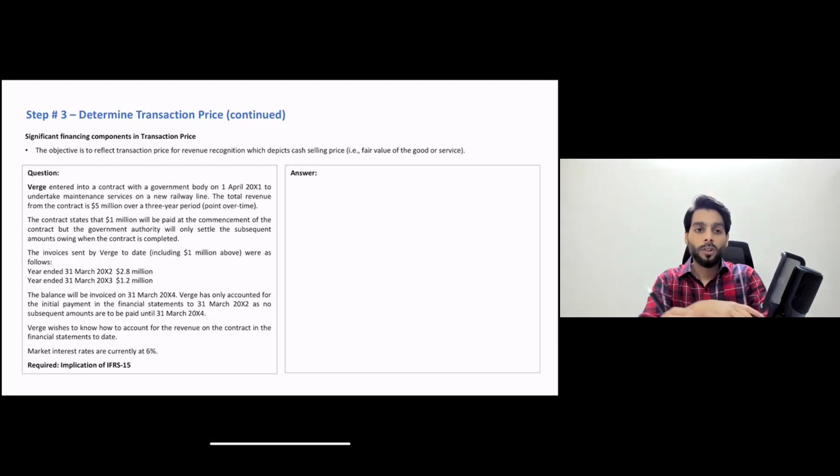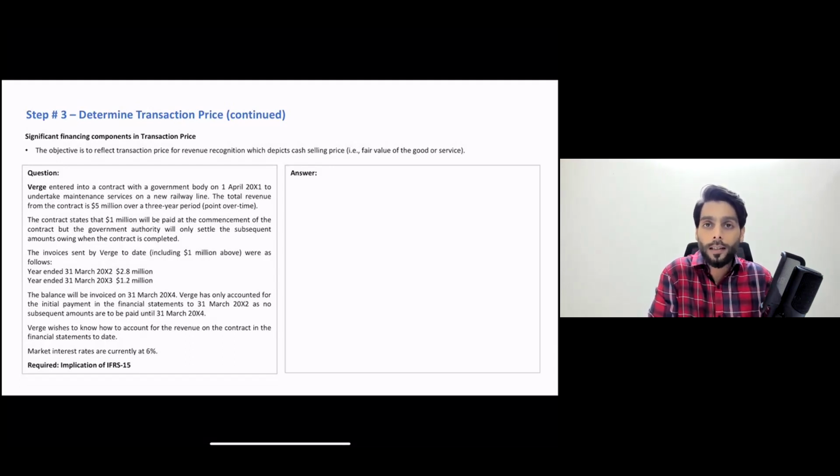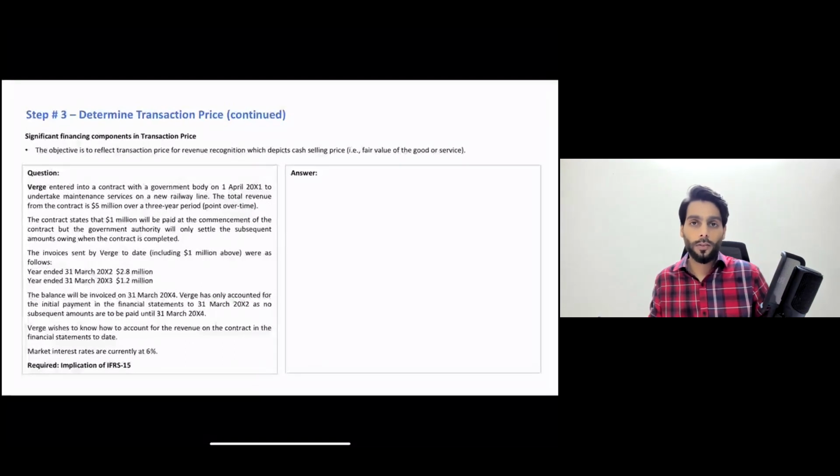All right, so now there is an extension towards the concept of determining transaction price, and here we are discussing financing components which are sometimes built in the transaction price. Yes, we are discussing significant financing components in the transaction price.